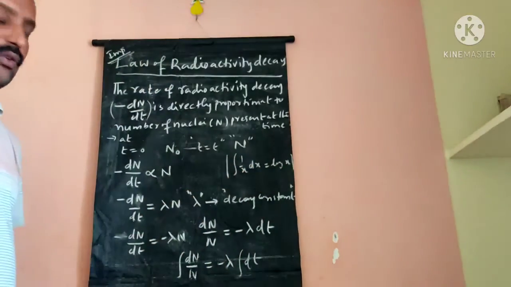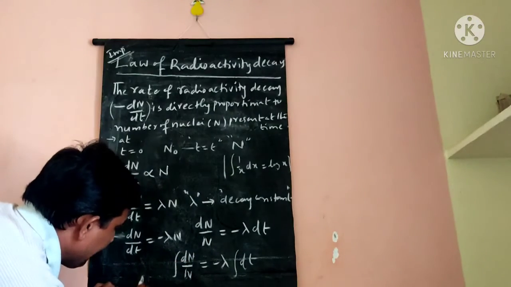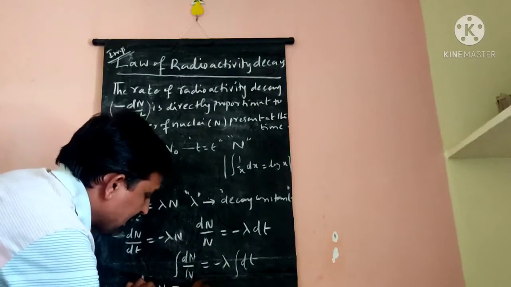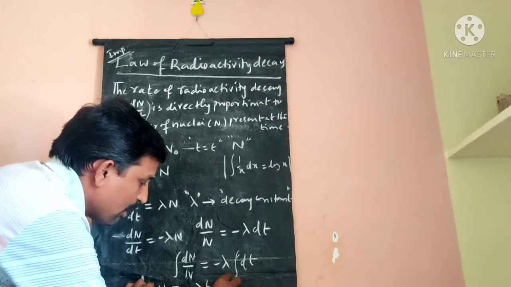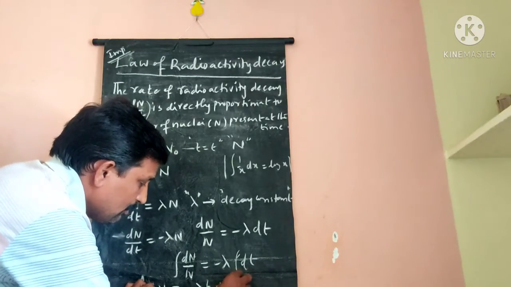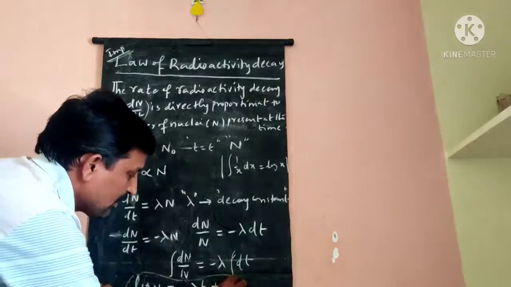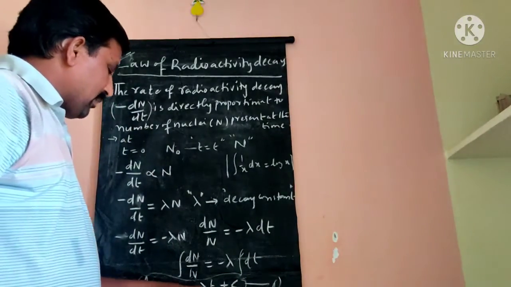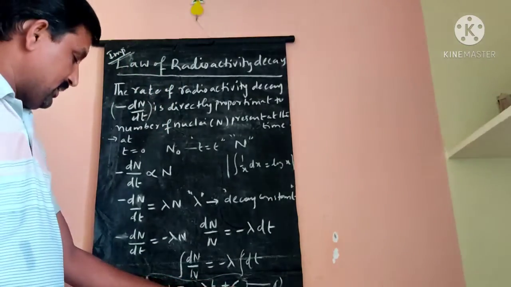So log N equals minus lambda t plus c. This is equation number 1. C is called the integration constant.